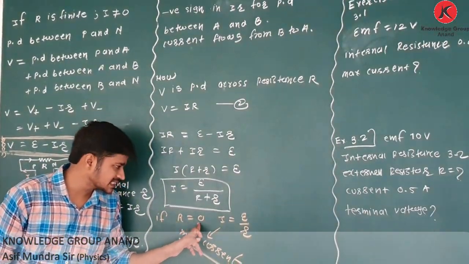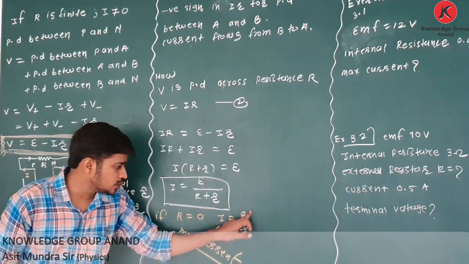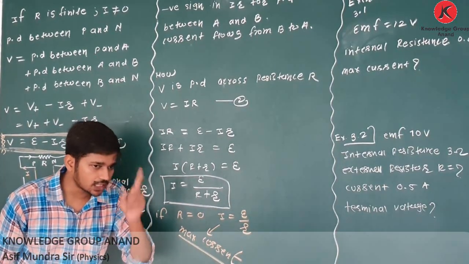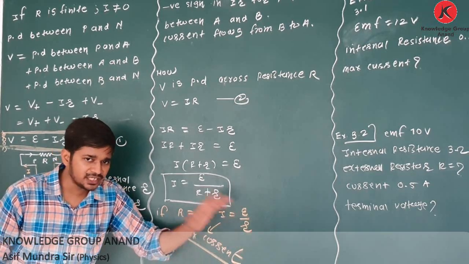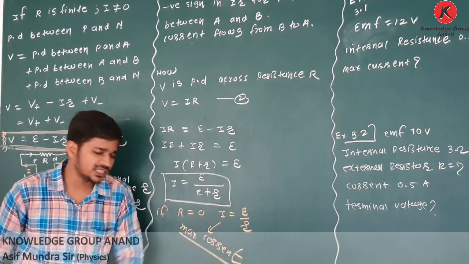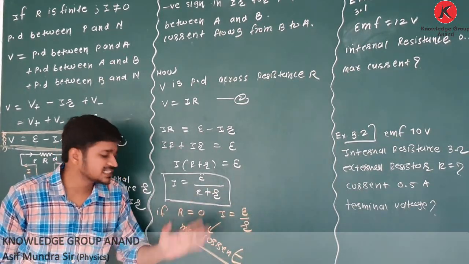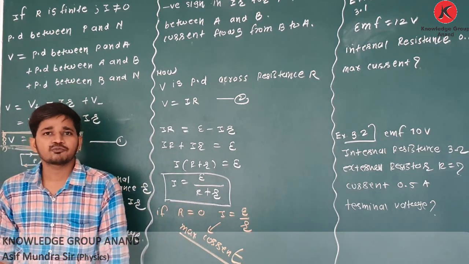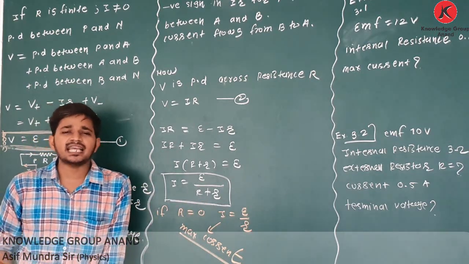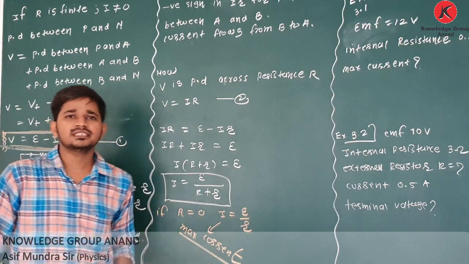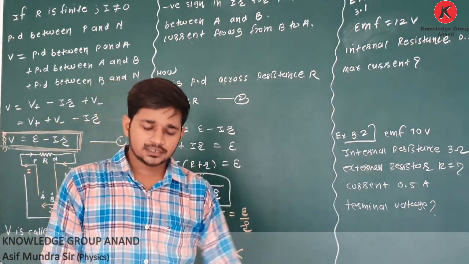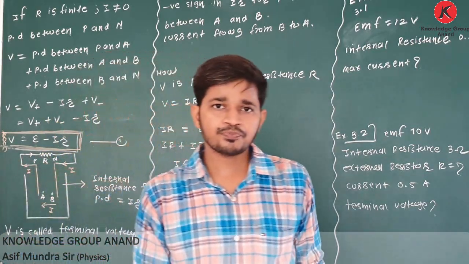When the external resistance is equal to 0, I is equal to E upon r, EMF upon internal resistance. It is called the maximum current flowing from the cell, the maximum current supplied from the cell. Clear about this?